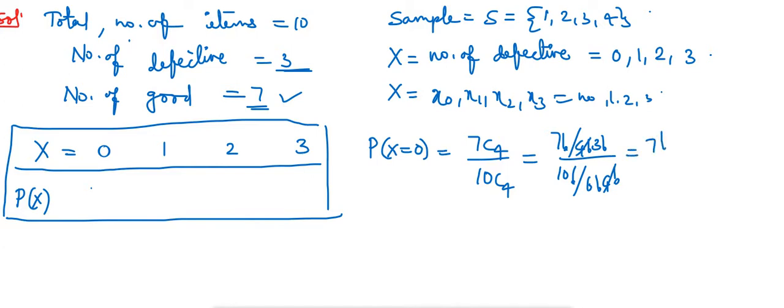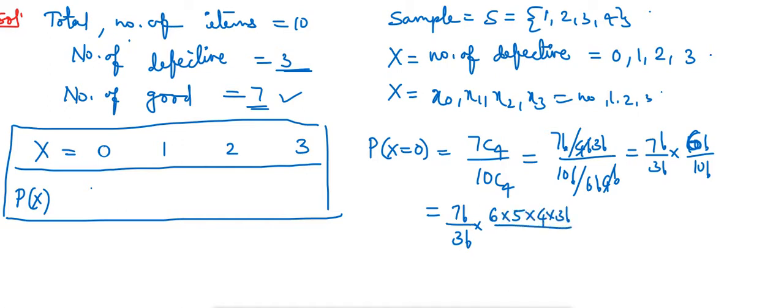It is 7 factorial by 3 factorial into 6 factorial by 10 factorial, which is 6 into 5 into 4 into 3 factorial by 10 into 9 into 8 into 7 factorial.